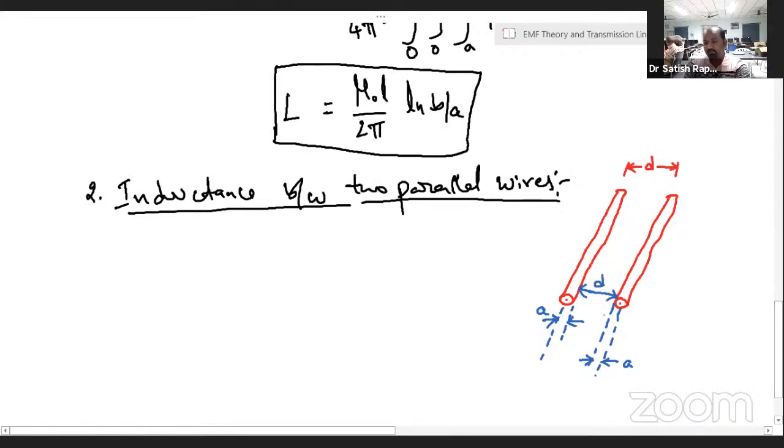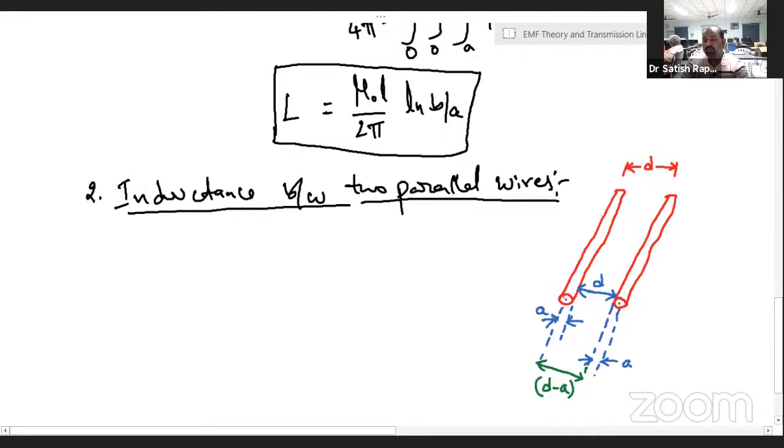So from the center of this one to the edge of the other one is d minus a. Is it clear? d minus a.